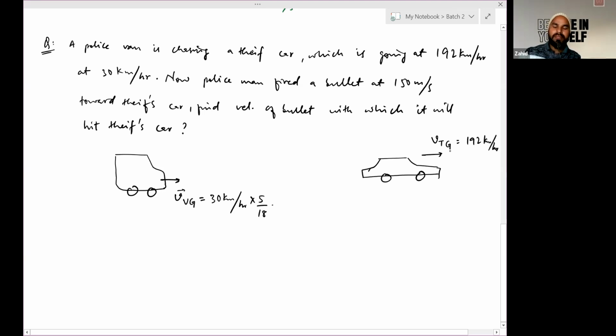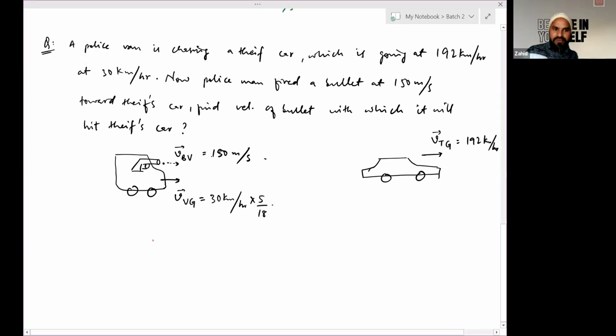Just multiply it by 5 by 18 to convert into meters per second. Then the policeman fired a bullet along this direction, so the velocity of bullet with respect to police van is 150 meters per second.